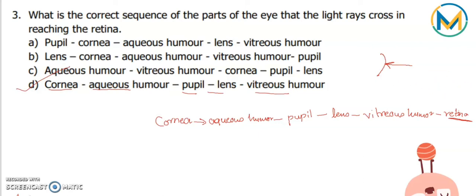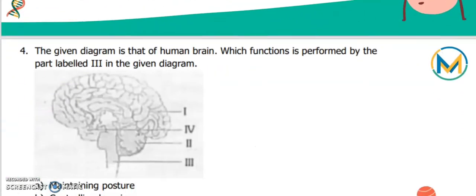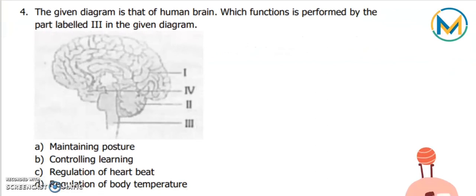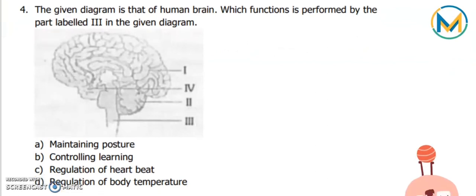Looking towards the next question, question 4. The given diagram is that of human brain. Which function is performed by part labeled 3 in the diagram? So part labeled 3 is this area. And this is brain stem.